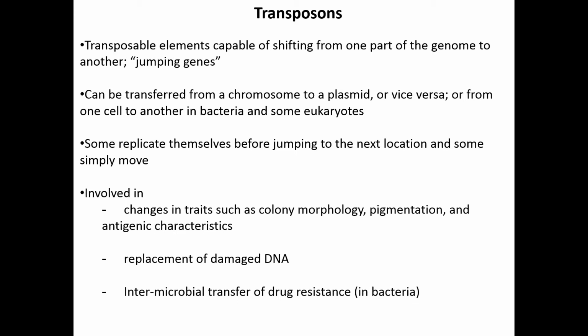Alright, so think about it. You have this sequence of genome. It doesn't really encode for anything, but it can excise itself and insert itself elsewhere in the genome. So you can imagine that if it inserts itself in a gene, that it can inactivate that gene.